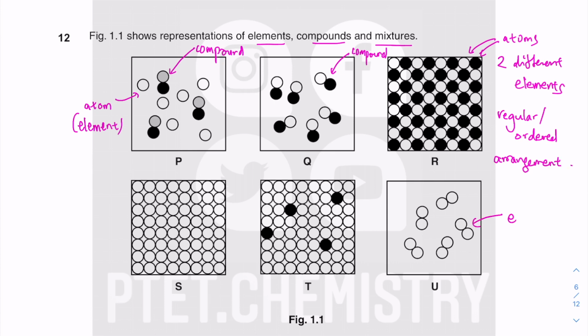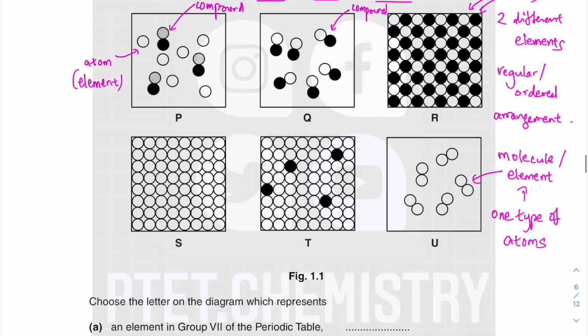This is an element, but it's also a molecule. Molecule because it contains two or more atoms bonded together, but the two atoms are the same, exactly the same. So you only have one type of atoms as stated in the definition. Okay, so this is an element because it's only one type of atoms.